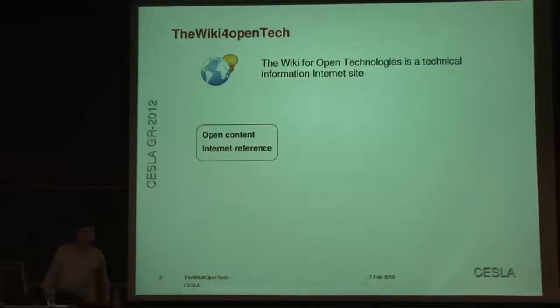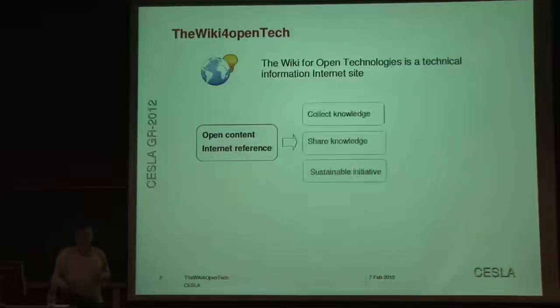Well, what we try from the CESLA organization is to create a reference on the internet, a reference about open software and open content in 3 ways. Our method is very simple. We try to collect knowledge from the open source community, from the free software community. We try to share this content, and we have launched a sustainable initiative.